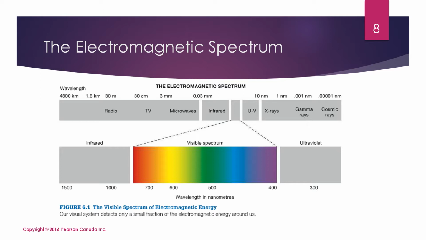If we look at it here, we also have the infrared and the ultraviolet on either side. And you can see that the visible spectrum is a very, very small portion of the electromagnetic spectrum. So the light that we can actually perceive as humans is very small compared to all the different wavelengths that are actually available.